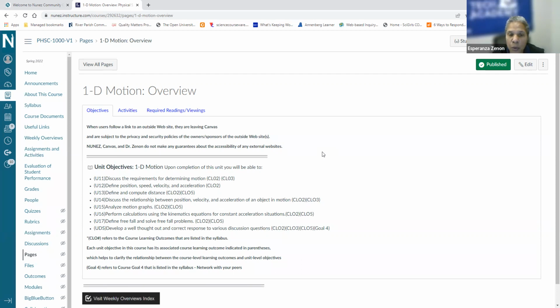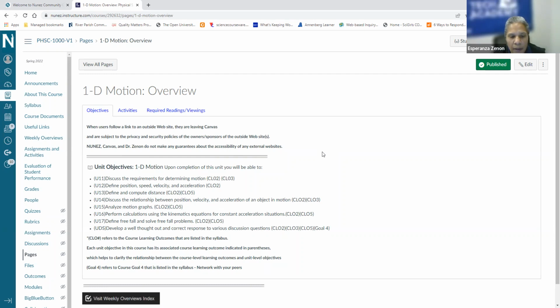So if the object is moving, we want to be able to determine those properties of that moving object. Things like position, speed, velocity, acceleration, time. We'll look at that. That's a very relevant property. And we'll look at some counterparts to position and velocity, and that is distance and speed.